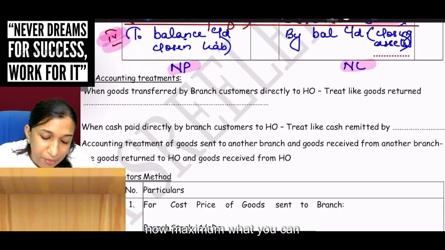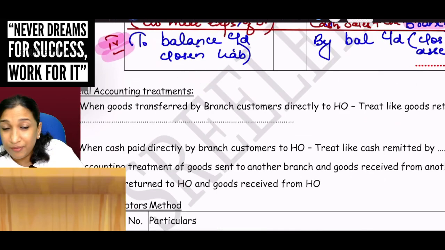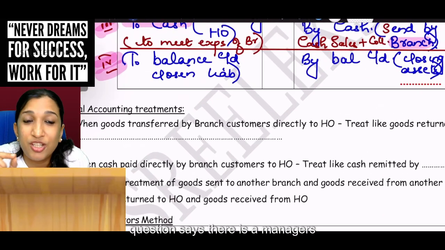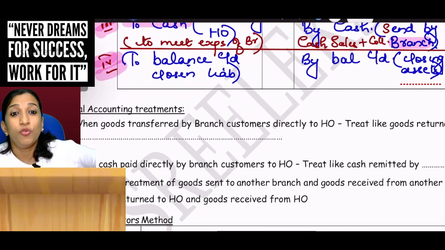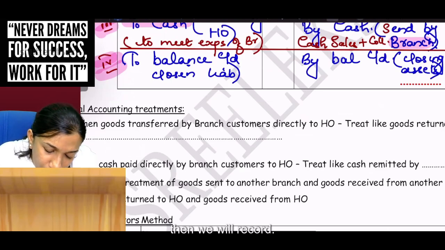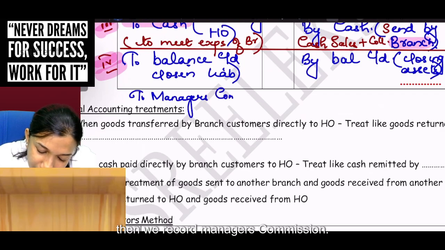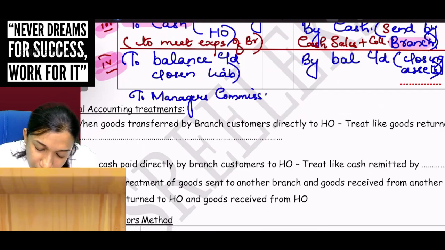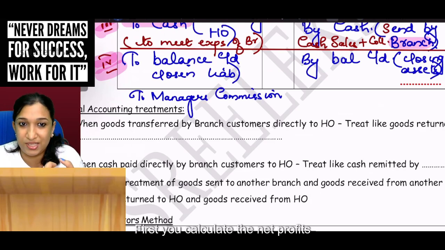Now, the maximum you can get in the exam is, if the question says there is a manager's commission on the net profits of branch, then we record manager's commission also. How do I calculate manager's commission? First, you calculate the net profits.